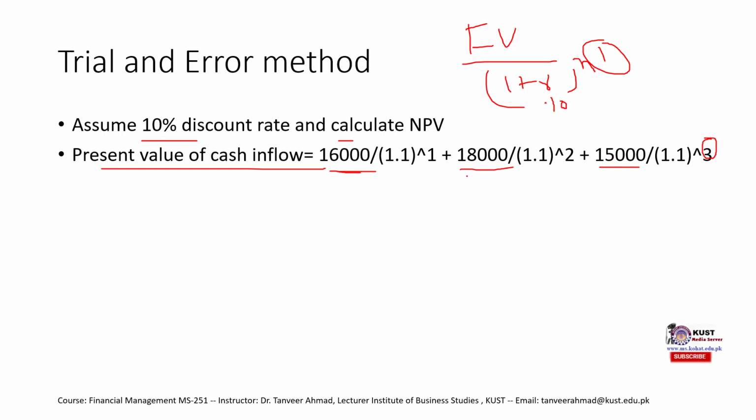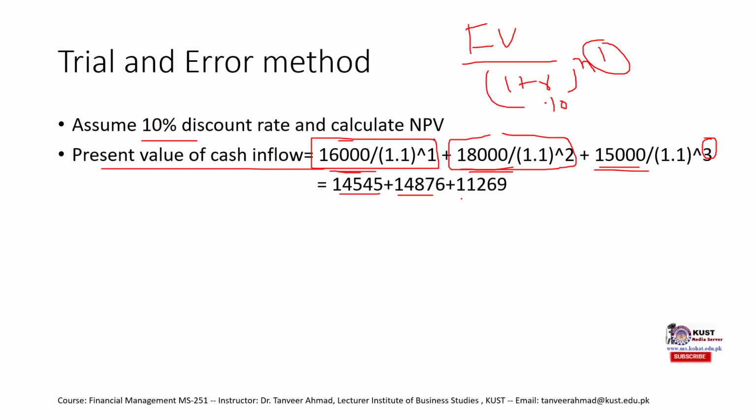So if we simplify, we would get 14,876 from this part and 11,269 from this part of the equation. If we add them up, then our cash inflow from the previous cash flows that were given in the question would be 40,690.